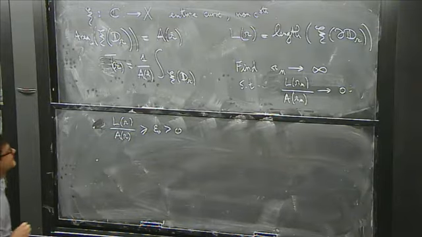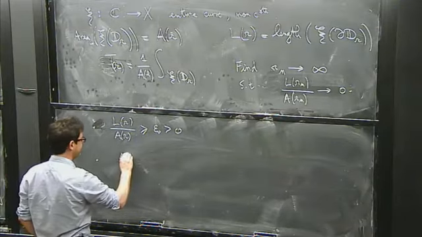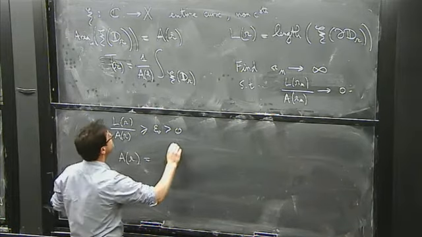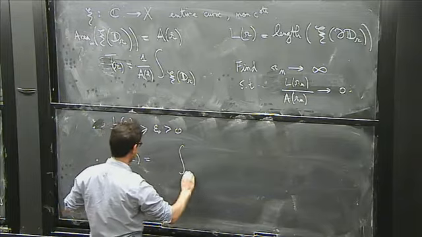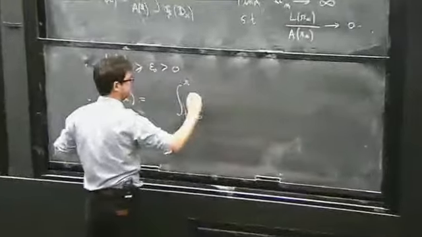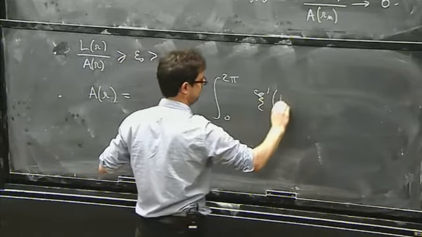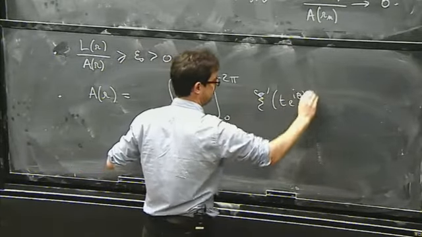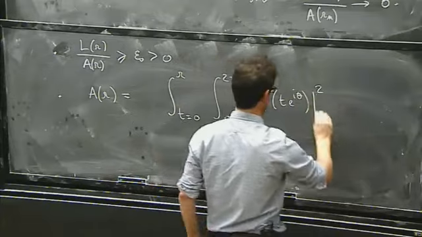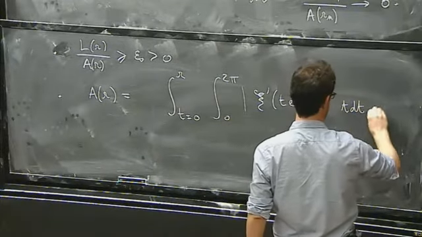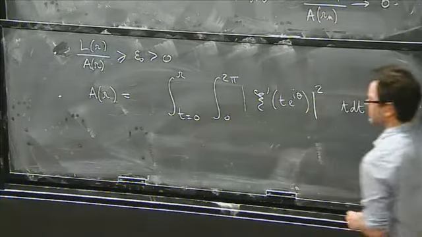So what is the area of the radius R? So you parameterize the disk. So it's the integral between 0 and R, 2 pi. Okay, so that's the area.